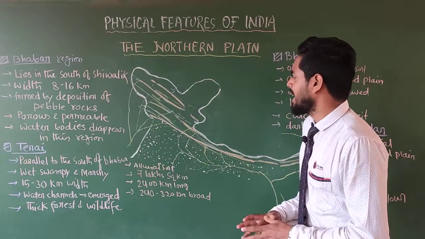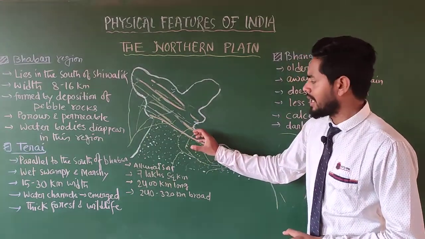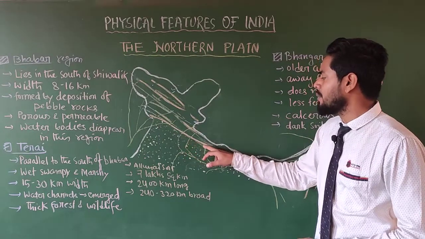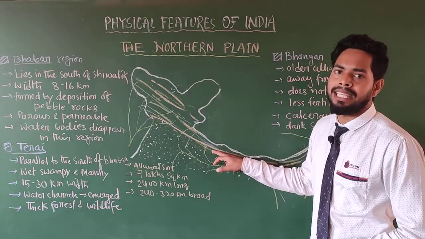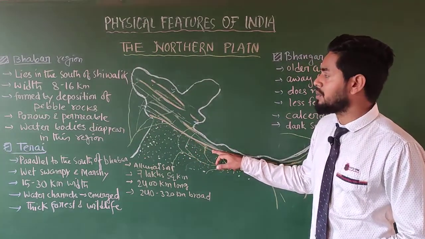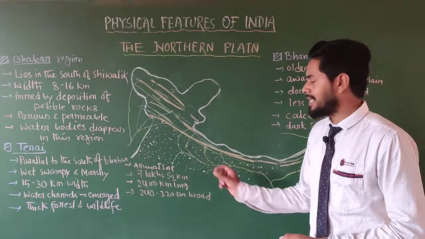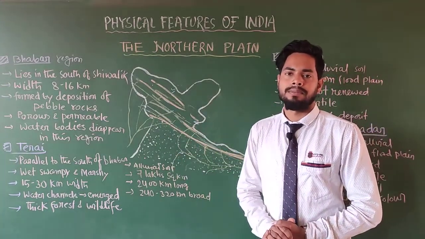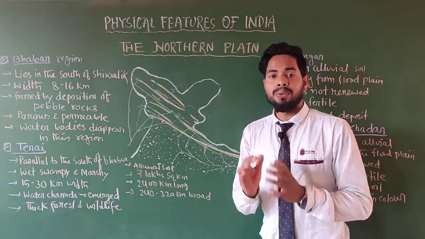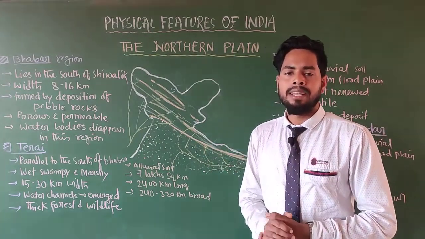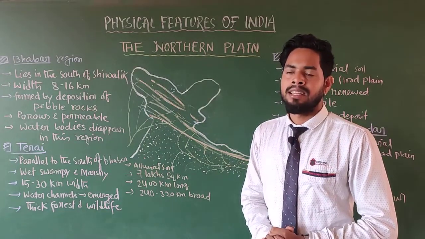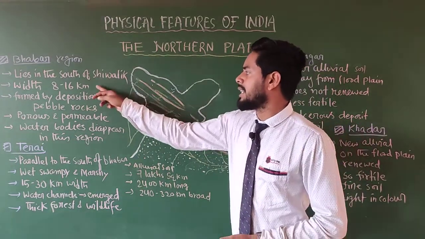The Bhabar region is a low stretch plain area which lies just south of the Shivalik. This region is known as the Bhabar region. Its width is from 8 to 16 kilometers.